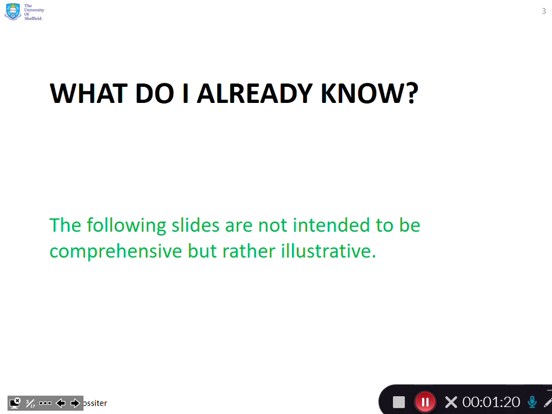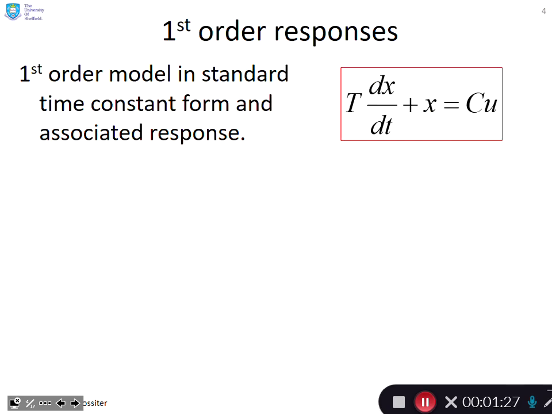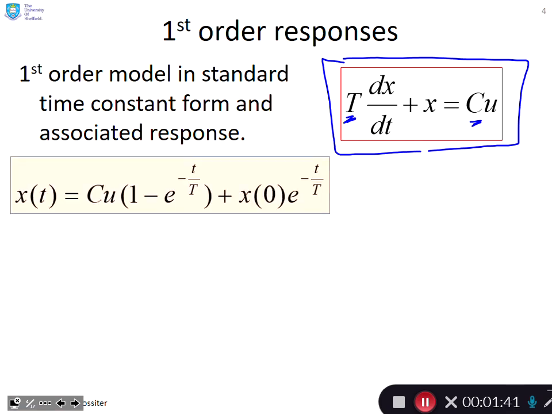Now this video is focused on first order modelling and dynamics, and so what we'll do is say, what would I expect you to know about first order modelling? I'd expect you to know that you have time constant form models of this type, where T is the time constant and C is the steady state gain. For a constant input, you should know that the response looks something like this.